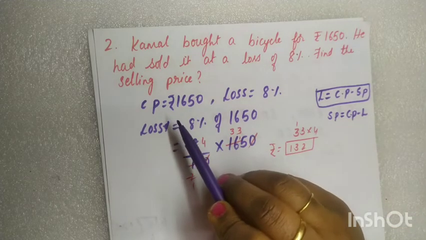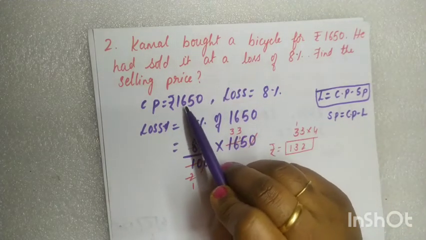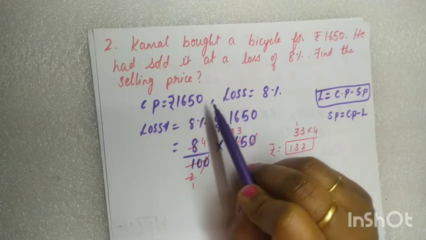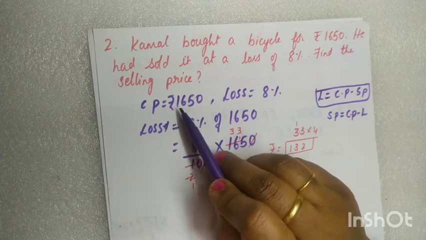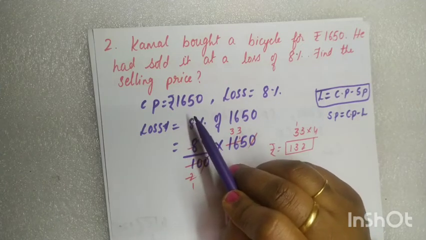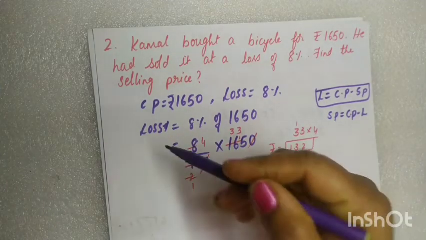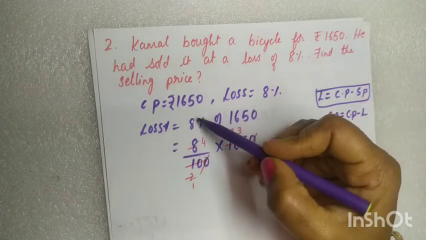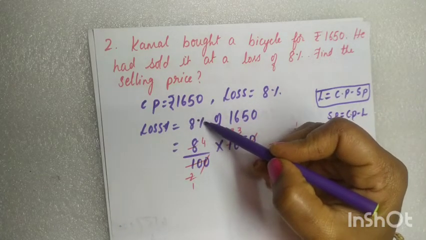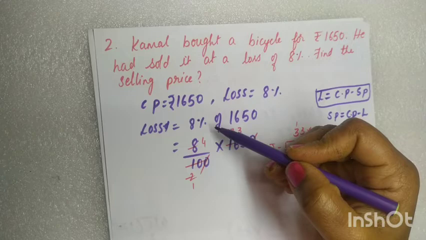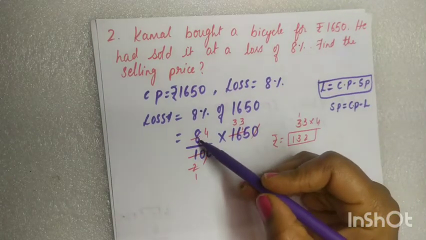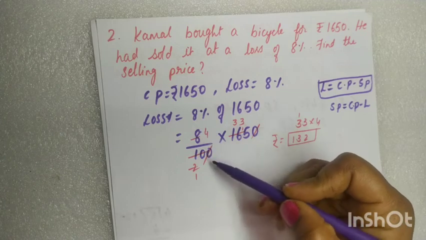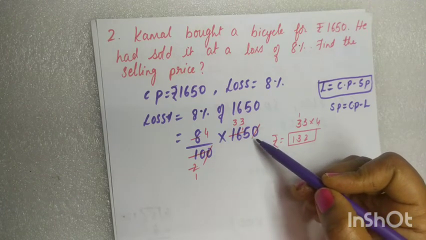So here cost price of the bicycle is 1650 rupees and loss is equal to 8%. So on this 1650 he has got the loss of 8%. Let us find out what that amount is. Instead of writing it in percent, let us find 8% of this amount. So 8% means 8 divided by 100 into 1650.